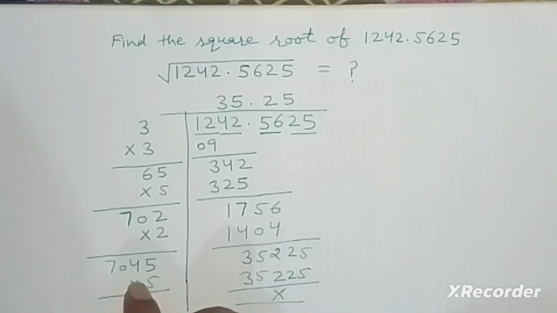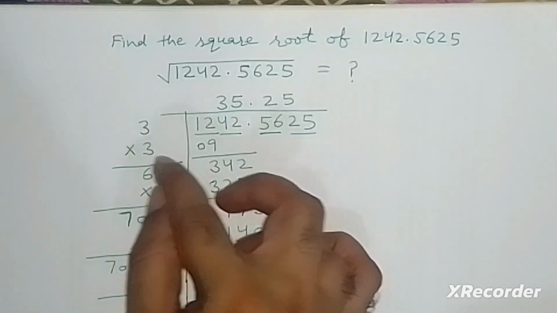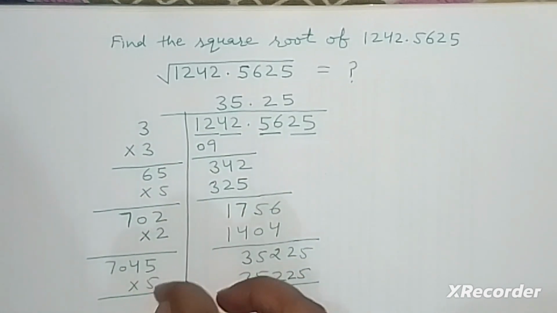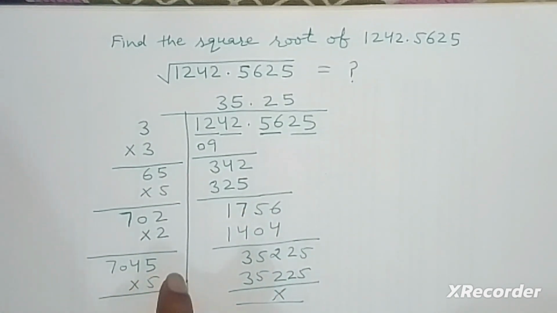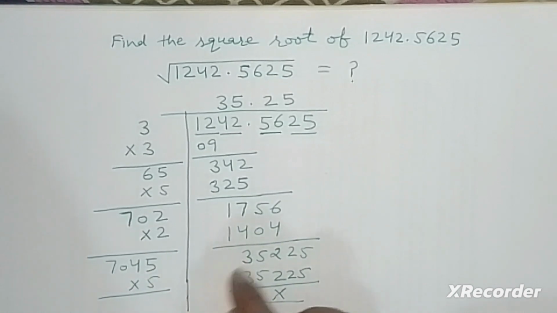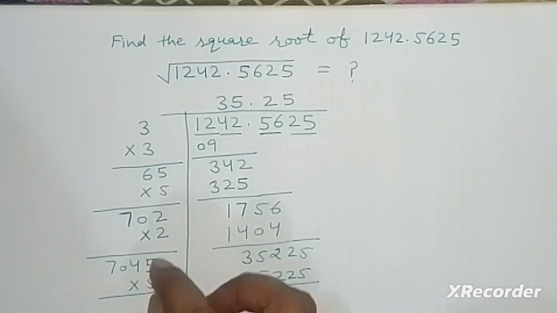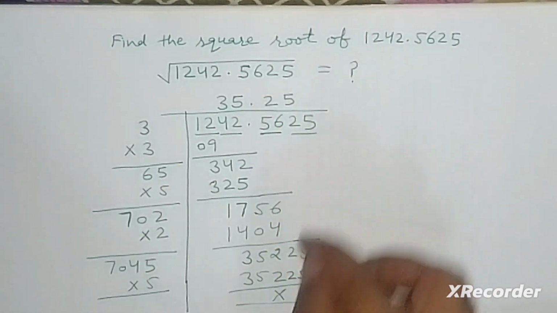So we put here 5, that becomes 7045, and multiply with 5, because this number and this number should be the same. Here 3 into 3, here 5, 5, 2, 2, here 5, 5. So 7045 into 5 has the value 35225, and the value 5 is also put here.